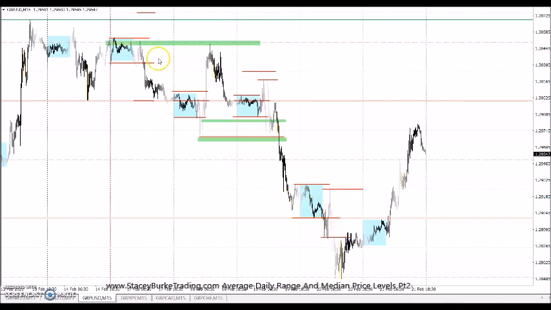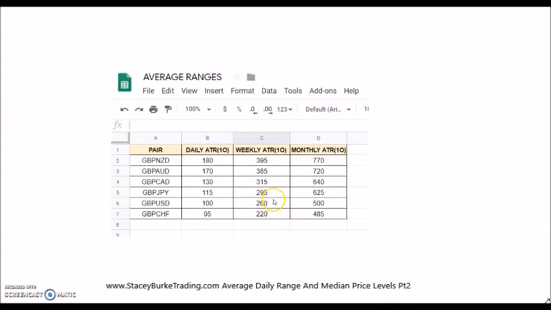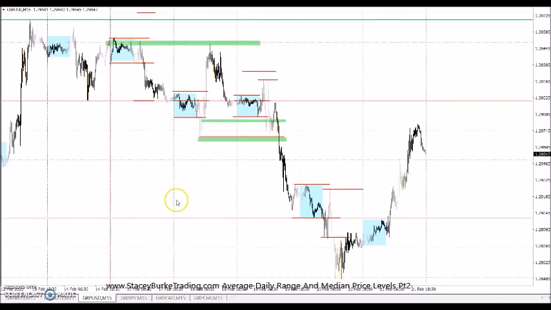Now, as we get closer to the end of the week, we've got 1 day, 2 days, 3 days, 4 days down. It's important that now we start looking at how far the movement has been for the week. We said the average weekly range for the pound is 260 pips.